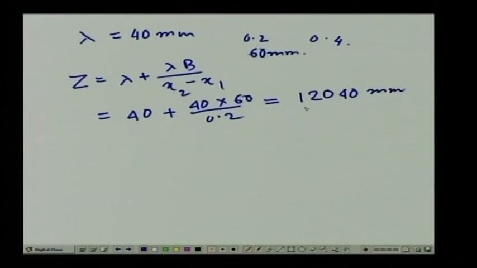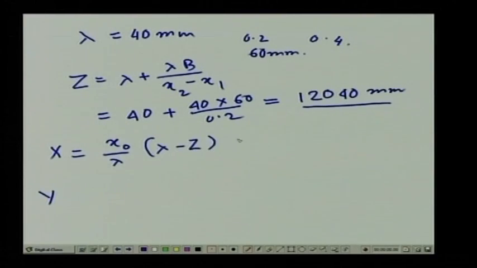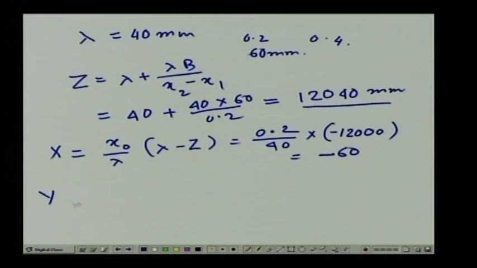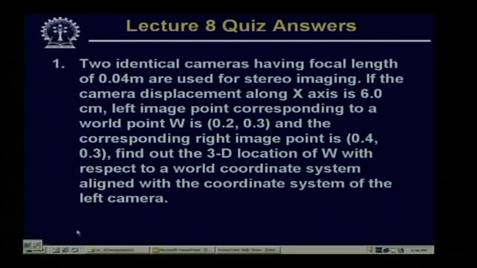So, this is the value of z, that is the depth information, and once I have the value of z, then the 3D coordinates x and y can be computed from this value of z. So, x is nothing but x naught by lambda into lambda minus z, which is nothing but 0.2 upon 40 into minus 12000, which is equal to minus 60 millimeter, and by applying the same procedure you can find out y equal to minus 90 millimeter. So, this is about the first question.